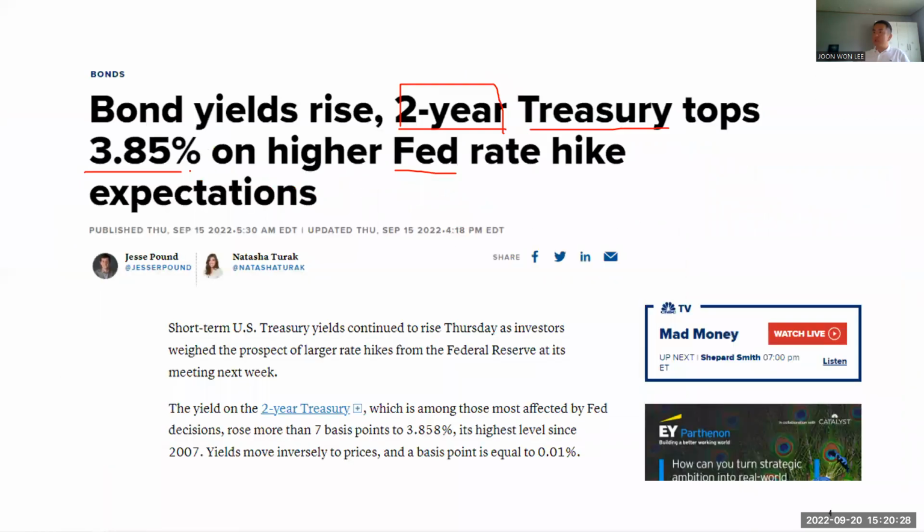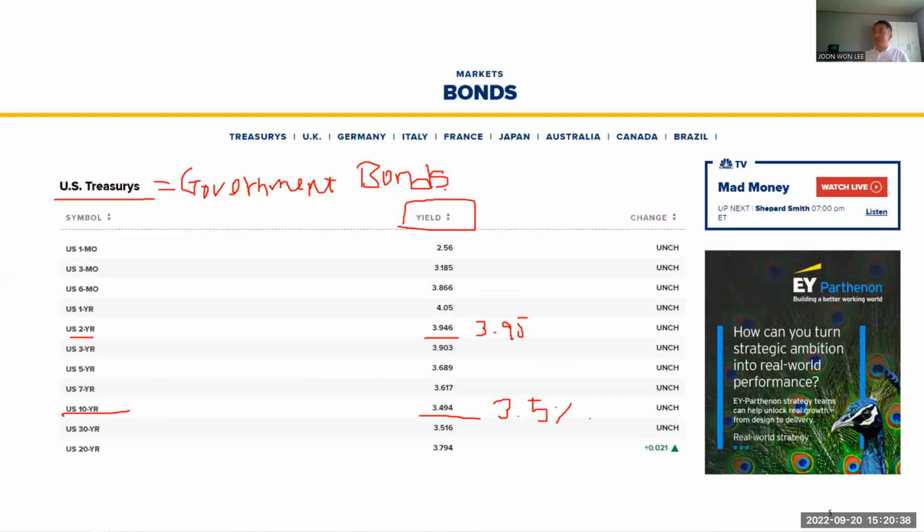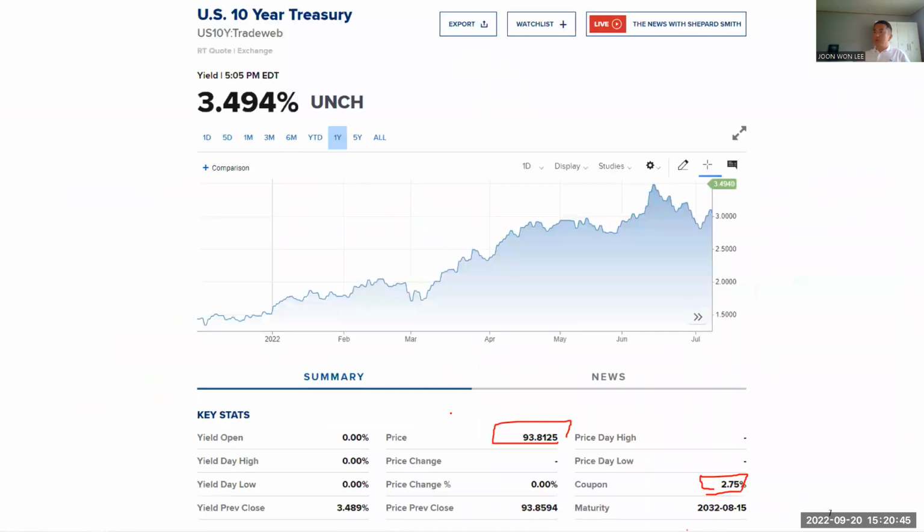So based on the federal base rate, the treasury rate, I mean, based on the price and based on the coupon rate, and without any other risk, but only interest rate risk, what you can expect is 3.494% if you buy this 10-year treasury bond at this price.